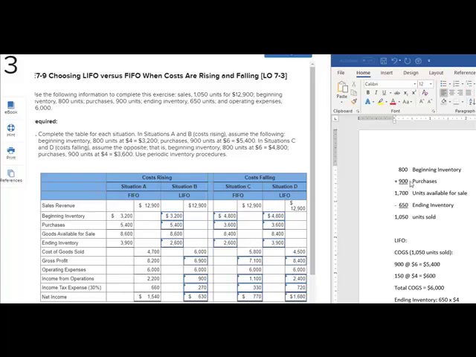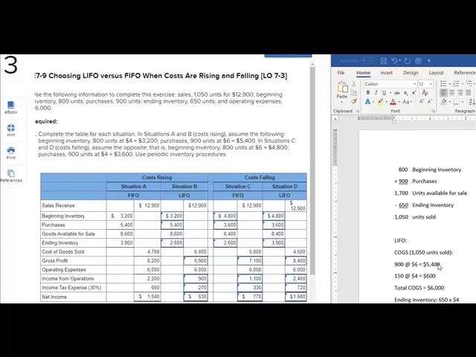So I'm going to assume we sold all 900 of the units we bought, because we bought these after the units in beginning inventory. So these are more recent purchases. So 900 times the $6 price for this purchase, and that $6 was given to us over here, equals 5,400.